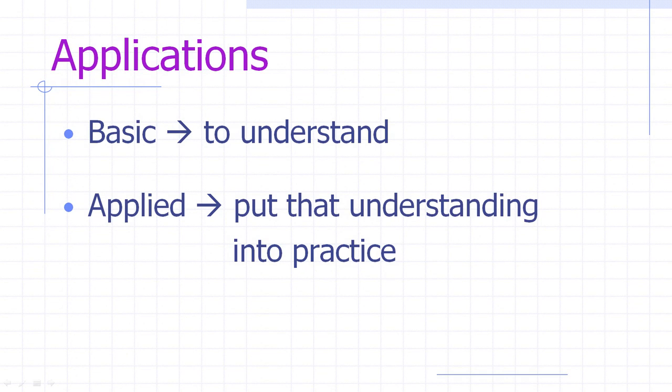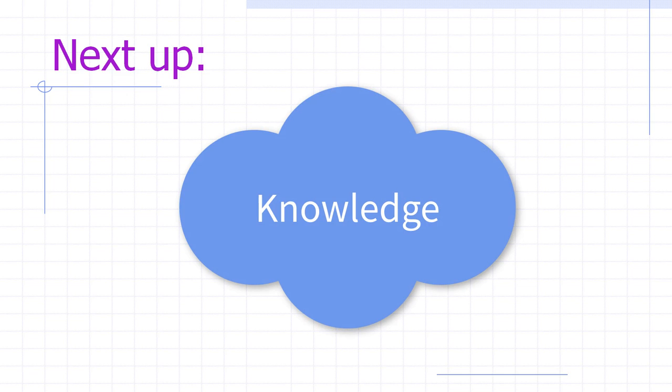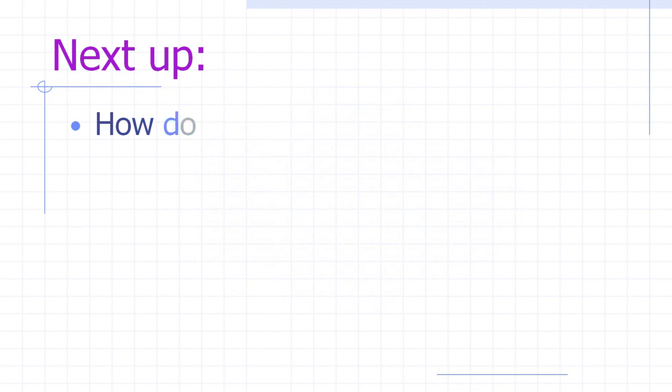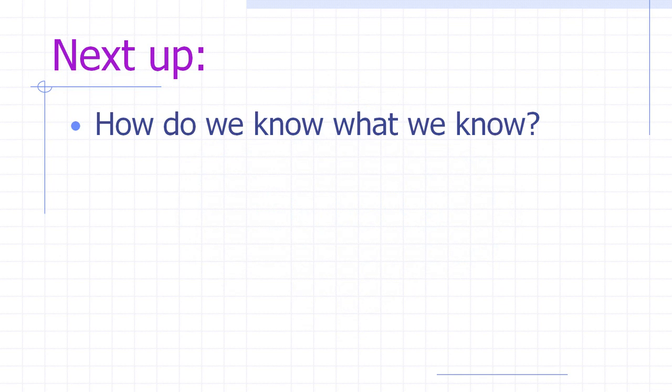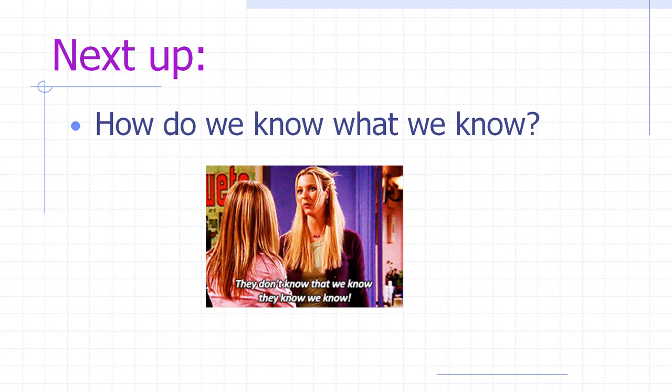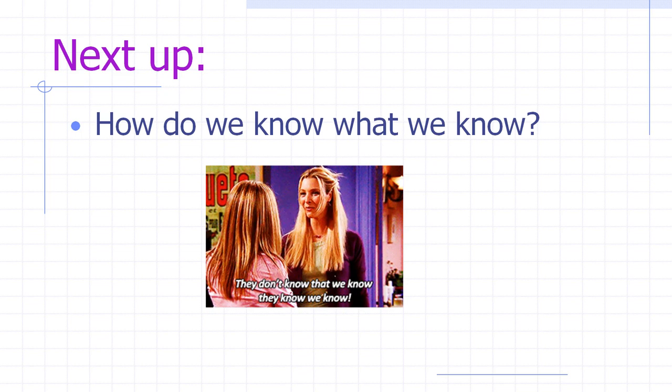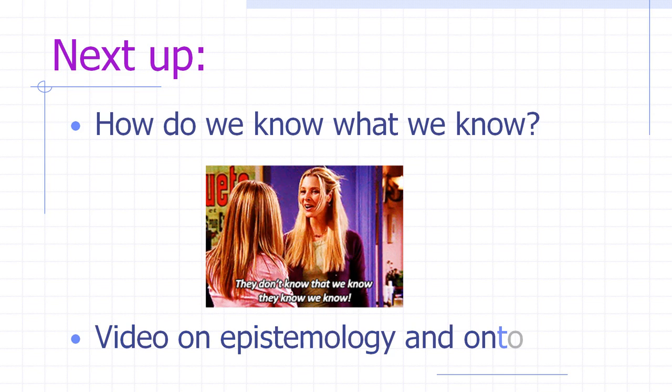So next up, we are going to focus on that word knowledge that was way back at the beginning of this video and answer the question of how do we know what we know? I know how it sounds, but I have a little GIF here of that Friends episode where they kept saying they don't know that we know they know we know. And I know that's what it sounds like, but it's actually pretty straightforward. And I promise it's on the video on epistemology and ontology.